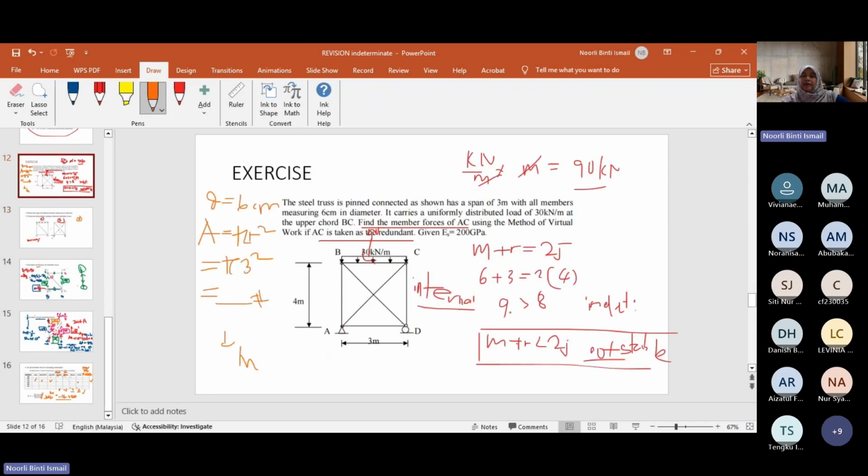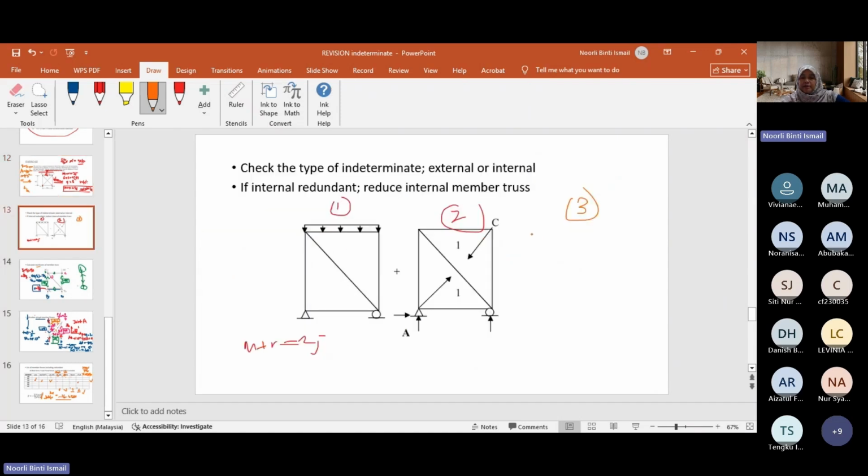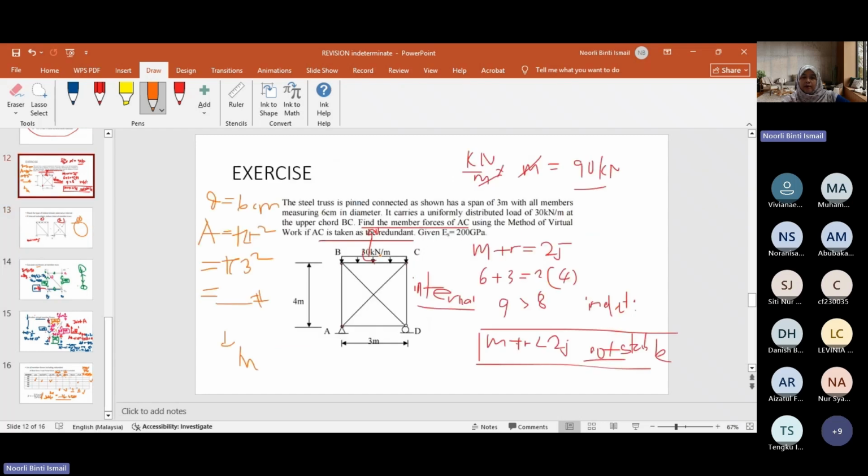But in real work, if you find that there is more than 1 redundant, there will be another picture, 3 sets of forces. But now, 9 minus 8, we only have 1 redundant.